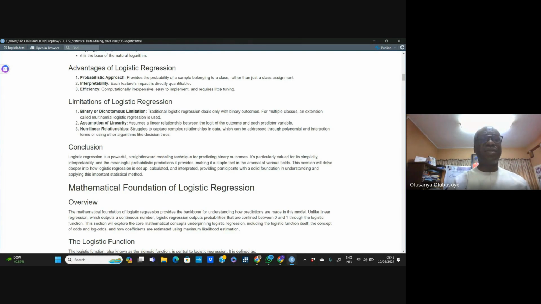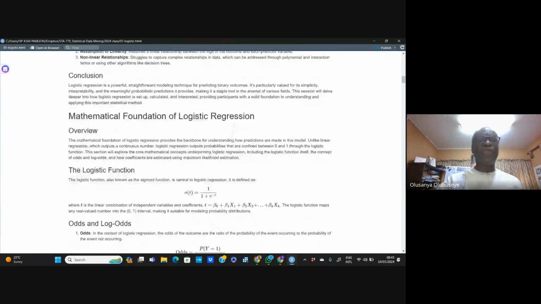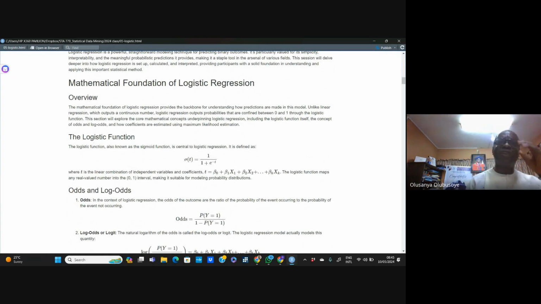In other words, between the actual dependent variable itself and the features, you actually have a non-linear relationship. Those are the limitations. Now let's go to the mathematical foundation of logistic regression.